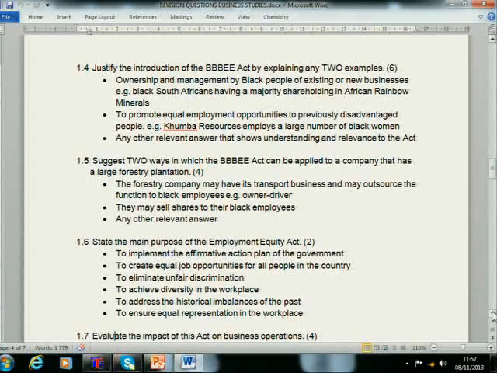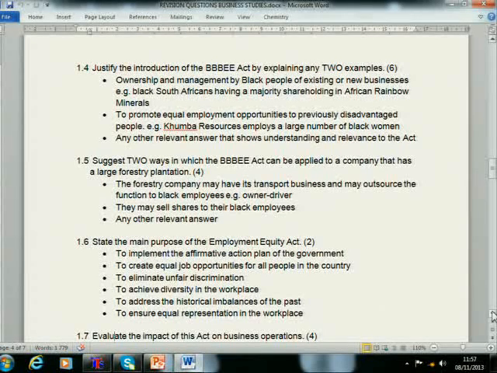Ownership and management by black people of existing or new businesses. For example, because they said you should give an example: black South Africans' heavy majority shareholding in African Rainbow Minerals. As it comes in the content, they would just be saying ownership and management.